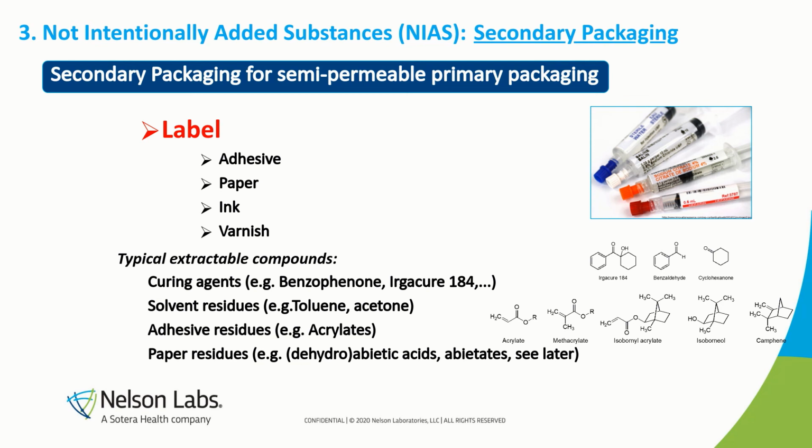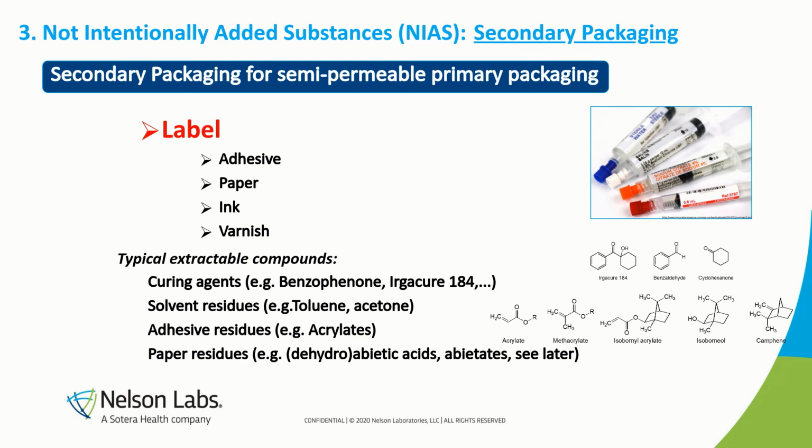Also, the secondary packaging may play a role, certainly if you have an application of semi-permeable primary packaging. We're talking about ophthalmic bottles or nasal sprays or blow-fill seal applications, for instance.